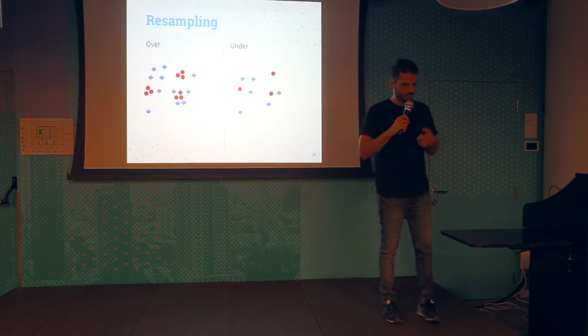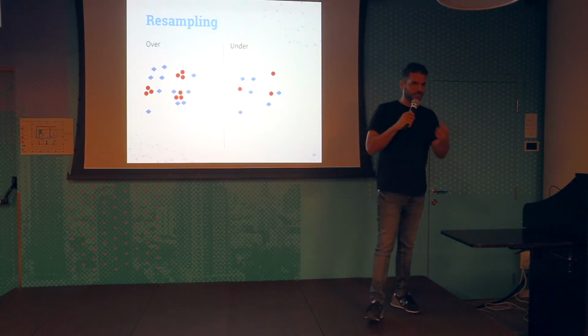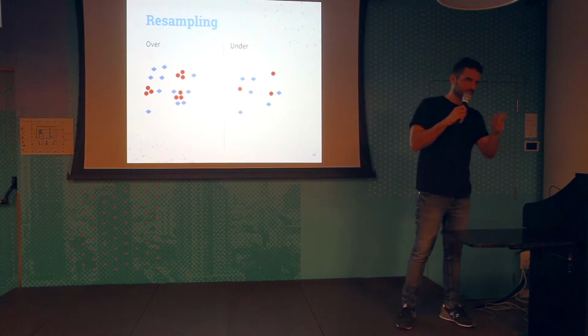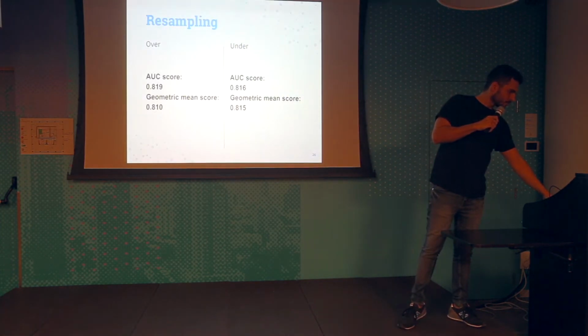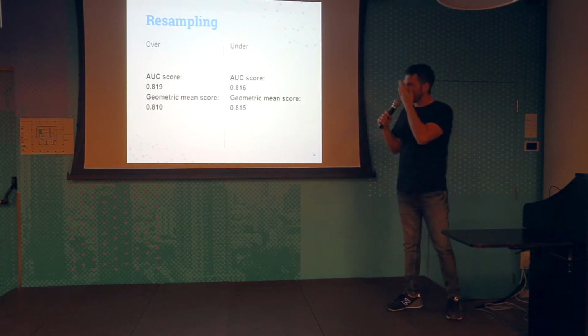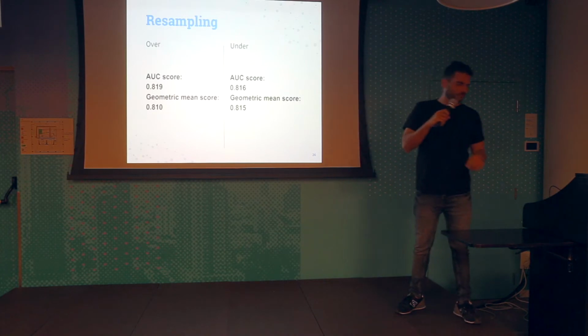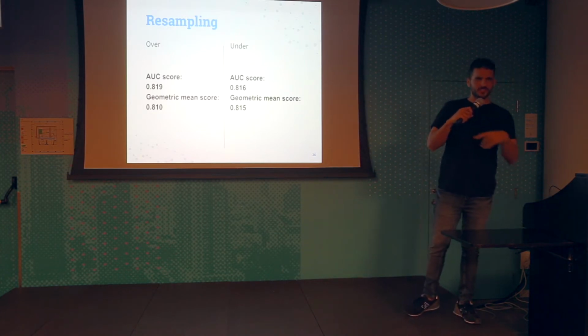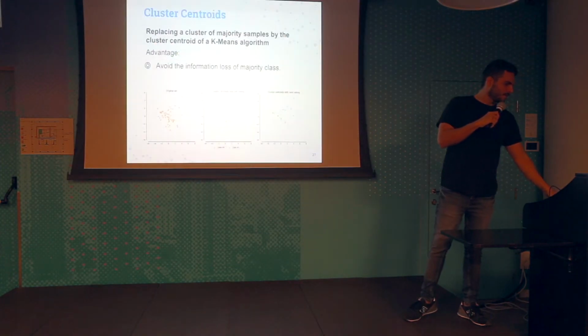The classifier would mistakenly think that you really sampled a lot of points from that specific region. So let's just report the scores. The AUC is 0.819 and the geometric mean is 0.816. As you can see, on our data it does a pretty good job.